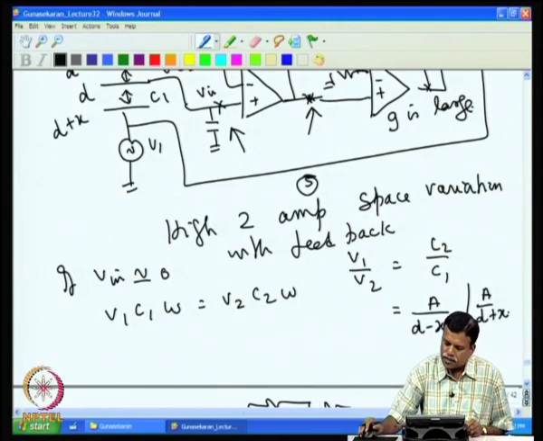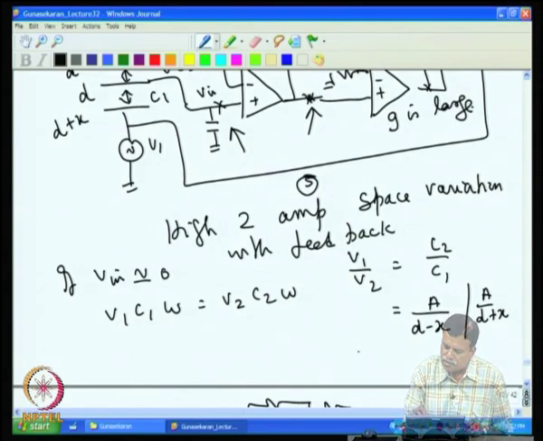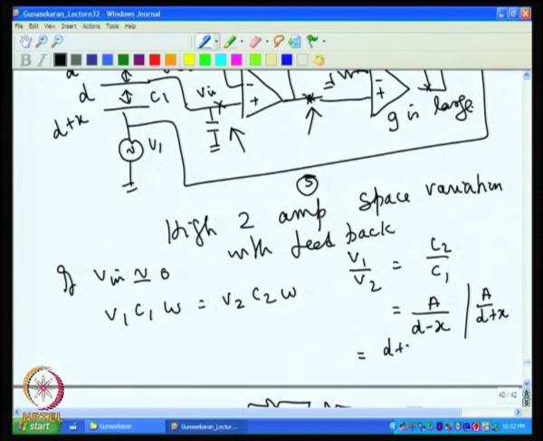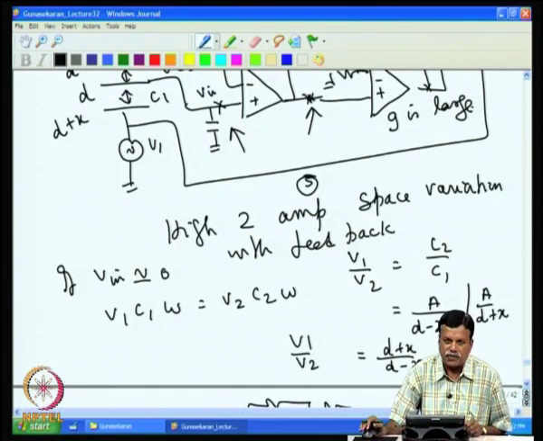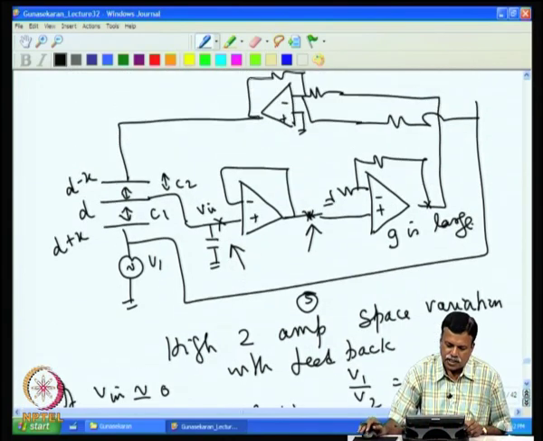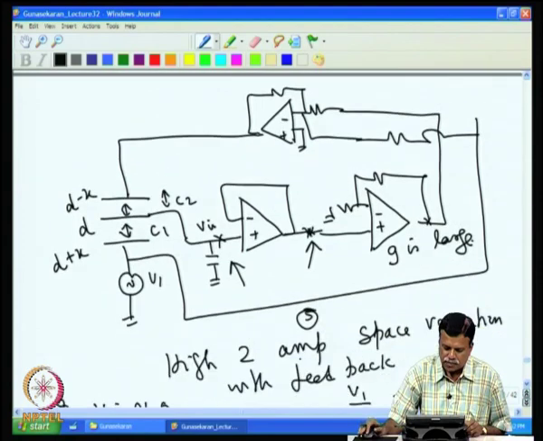A also goes off. So, eventually this will be simplified as d plus x by d minus x. So, that is the voltage V1 by V2 which will come, which shows that the circuit is clearly nonlinear, and apart from removing the stray capacitor effect, the circuit is not advantageous even for space variation measurement.